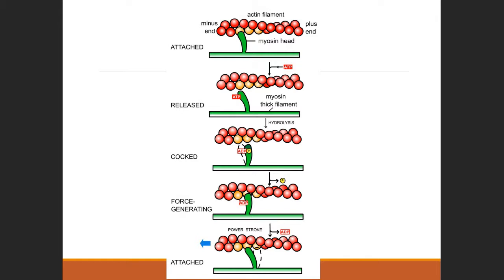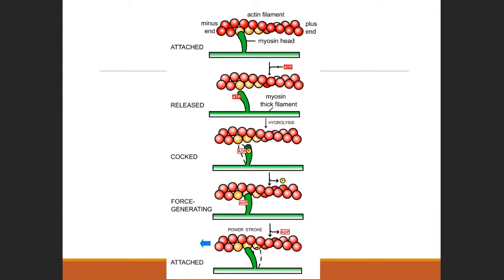ATP breaks the bond between actin and myosin. Now, when we take that ATP molecule and break it down into ADP and the phosphate, we reorient our myosin head. Initially, the myosin head was oriented at this binding site. That's the one that just broke off. When we break down our ATP, our myosin head repositions.